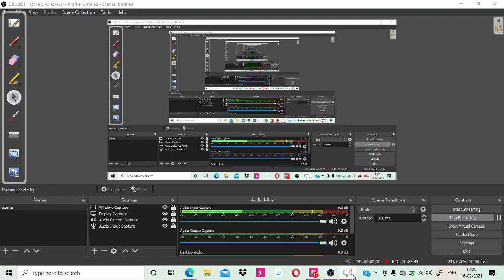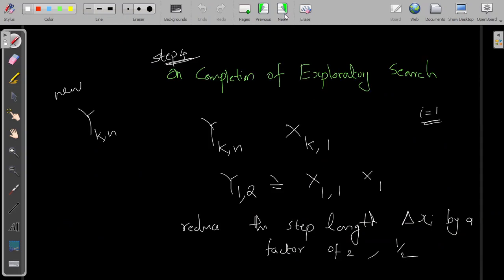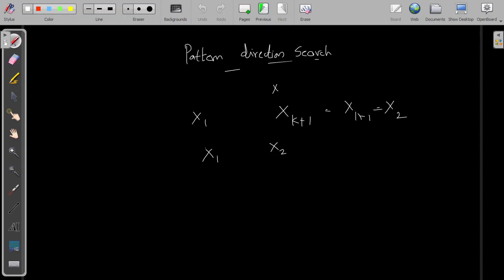Here we got the new optimal solution for x, that is x2, and we have x1, the base point. Then we will go for the pattern search.